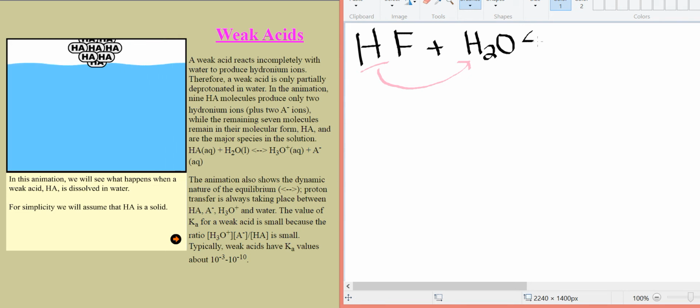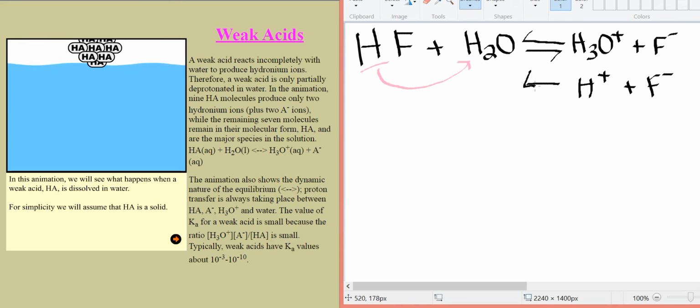So the way we show that is we do back and forth arrows. They're called equilibrium arrows. One goes forward, one goes backwards. And so then we have hydronium, H3O+, and our anion, in this case fluoride. And again, if you wanted to, you could show it as hydrogen and fluoride, your cation and your anion.